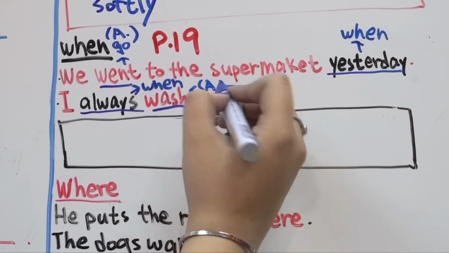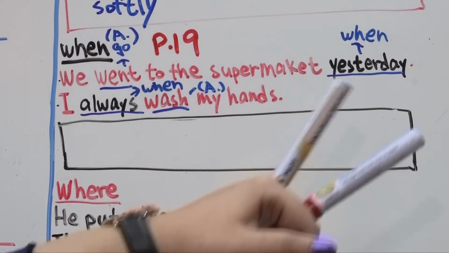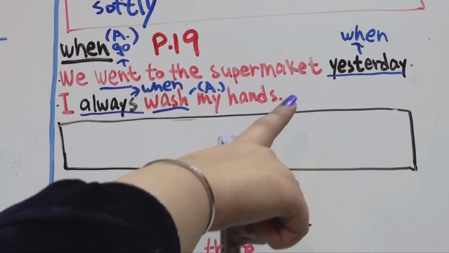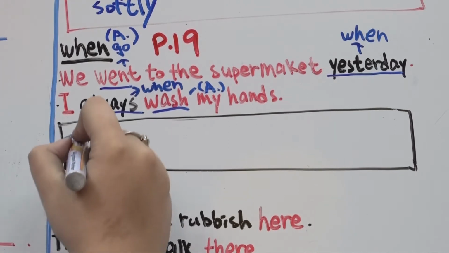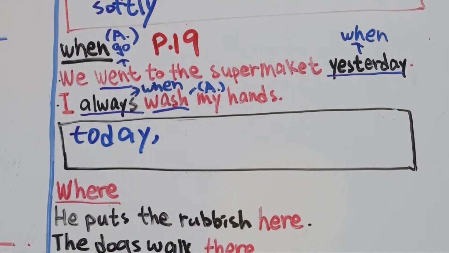Let's think of a few more examples of adverbs that tell us when an action happens. Yesterday, always. Which word in a sentence tells you when this action happens? Just like yesterday and always. What is the opposite of yesterday? That should be today. Simple as that. Today. What is the opposite of always?